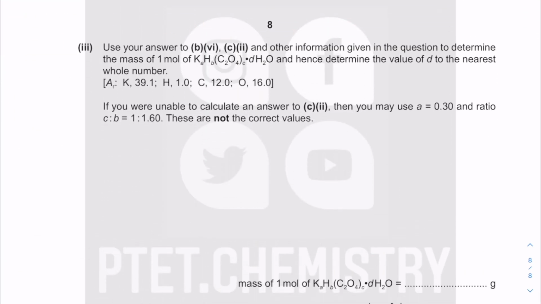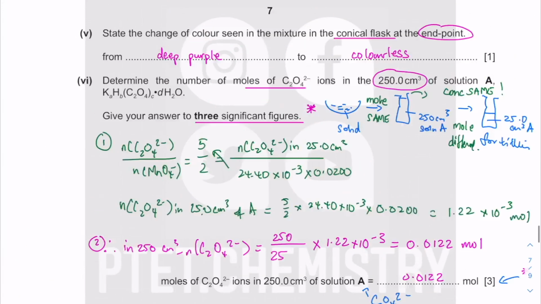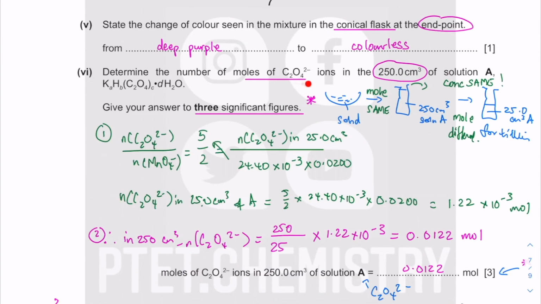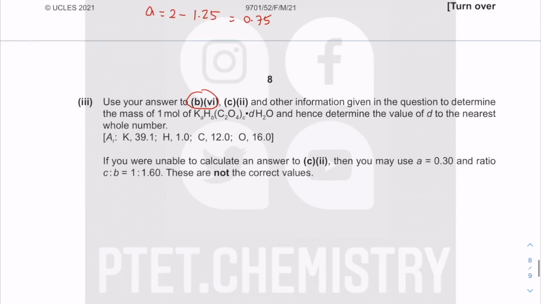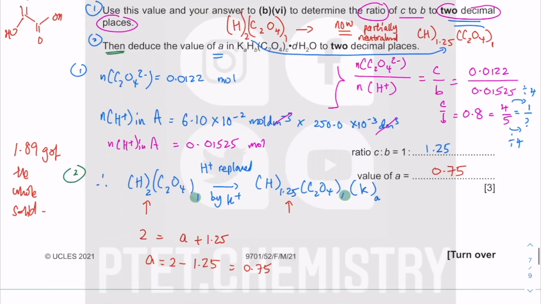Now use your answer to B part 4. What was B part 4? B part 4 was the mole of ethanedioate ions in 250 cm3. So B part 4 is the mole of the C2O4 2- in 250 cm3. How about C part 2?